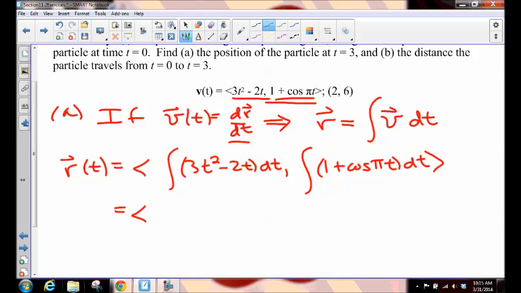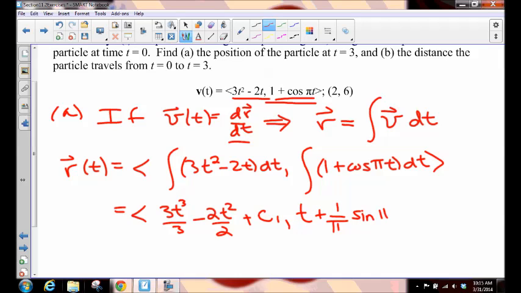For the x component, 3t cubed over 3 minus 2t squared over 2 plus a constant, which I'm going to call c1. For the y component, we get t plus 1 over pi times sine pi t plus a different constant, c2.